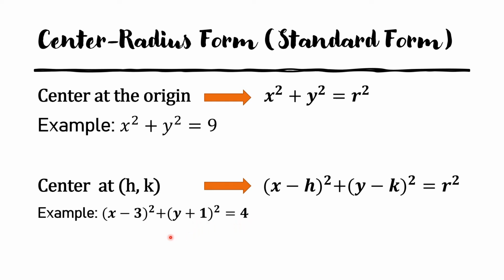So, para makuha natin yung value ng h, kunin mo lang yung additive inverse ng negative 3, that is positive 3. Para makuha mo naman yung value ng k, kunin mo yung additive inverse ng positive 1, that is negative 1. So, it means (3, -1) yung ating center. Tapos, yung radius natin, kunin mo lang yung square root ng 4, that is equal to 2.